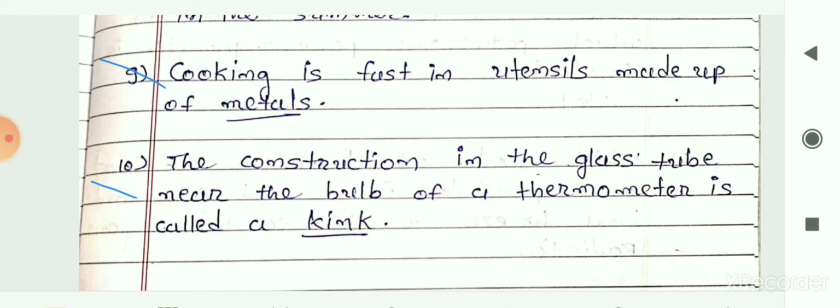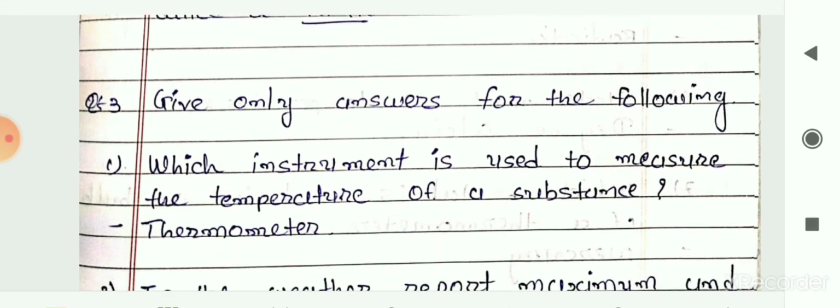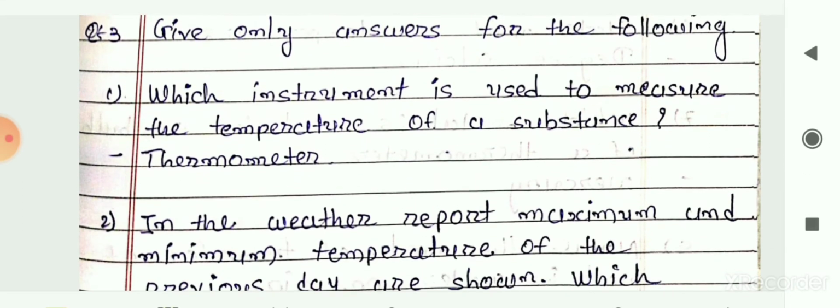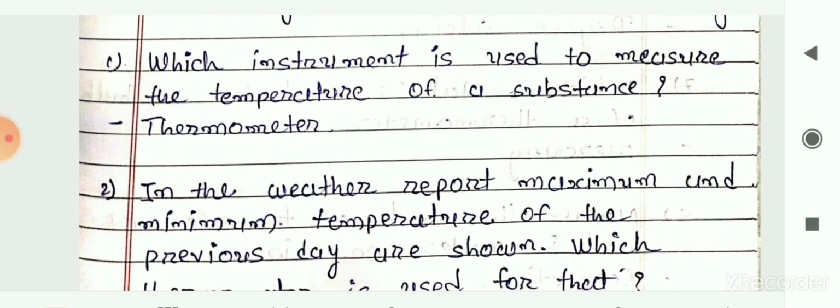Next is question number 3. Give only answers for the following. The first question is, which instrument is used to measure the temperature of a substance? As we had already seen, the instrument used to measure the temperature of a substance is known as the thermometer. So here your answer is thermometer.